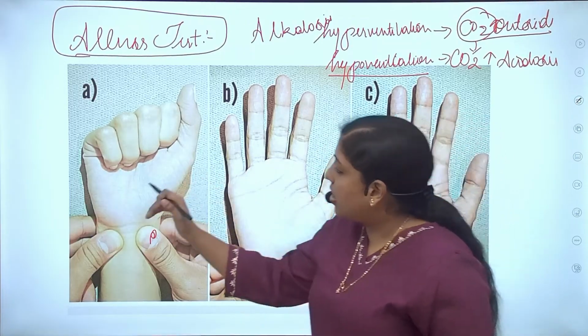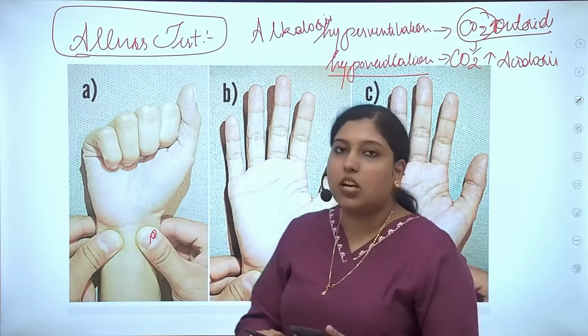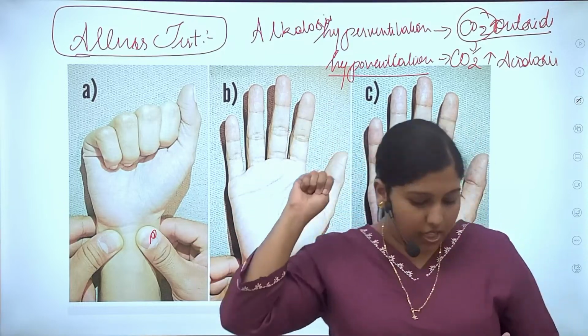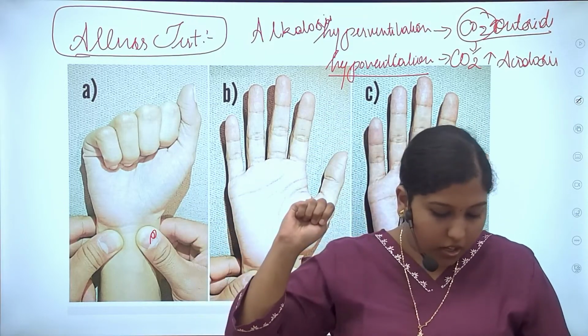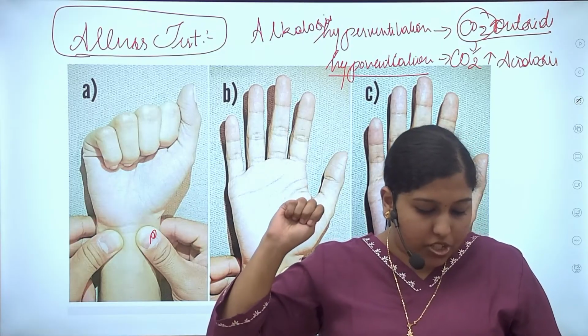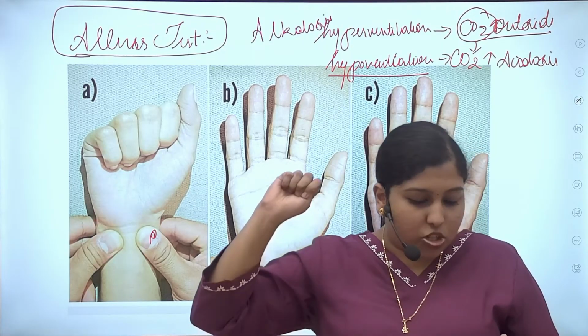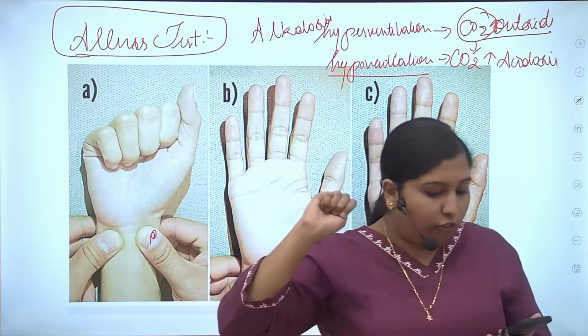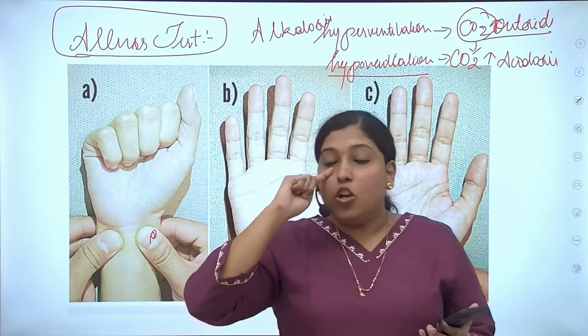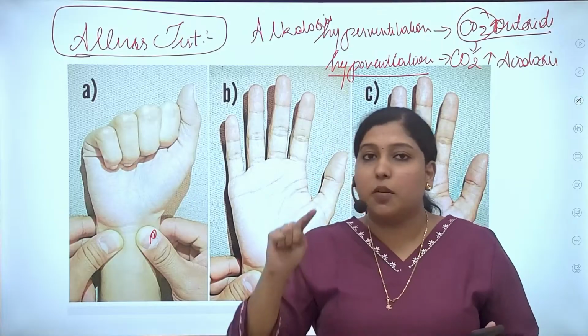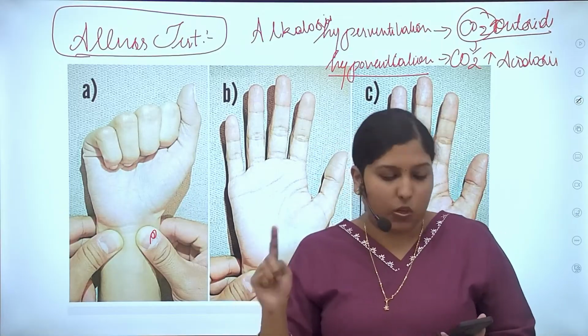So what is the first step? You will ask the patient to clench his fist. Now, the angle of the wrist in ABG is a very important question, and it was repeated, like in the last NORCET question also.